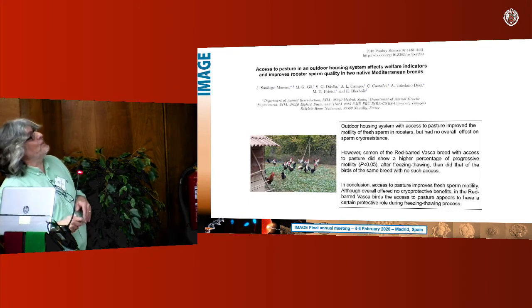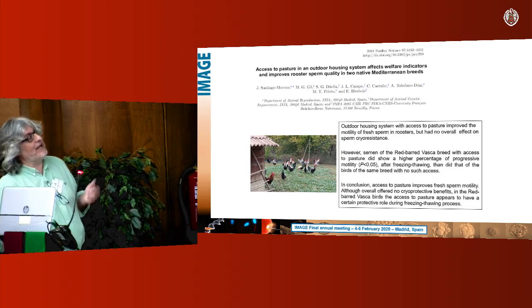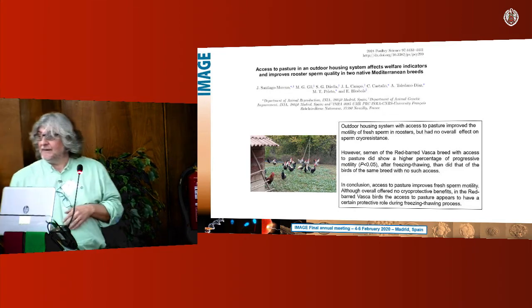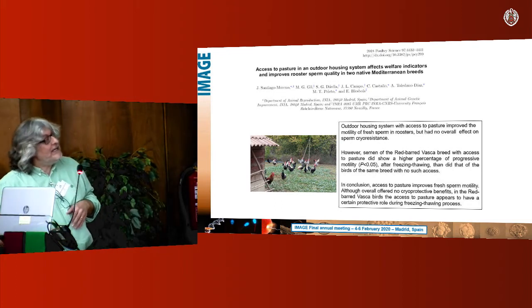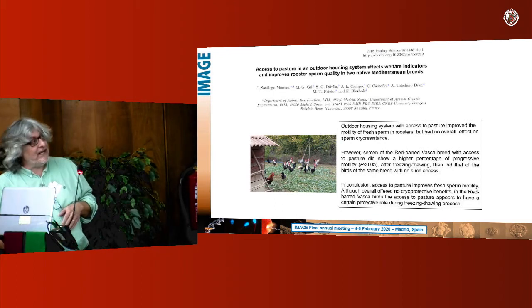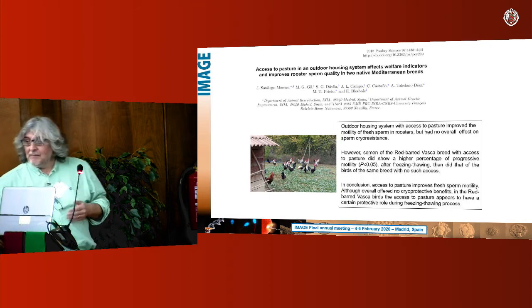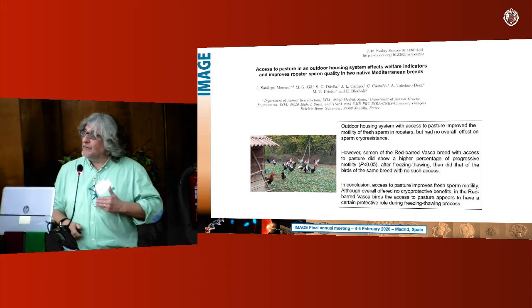It's also important to have access to pasture: an outdoor system with access to pasture improves the motility in fresh semen. In some breeds of chickens, for example, the red barred Vasca, we obtain better results after the freezing-thawing process.